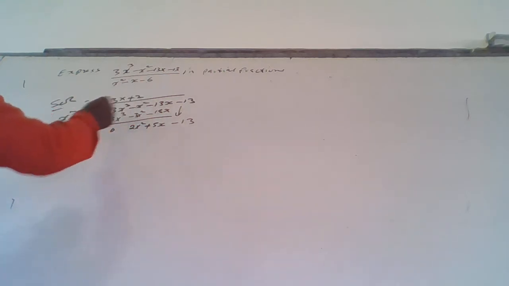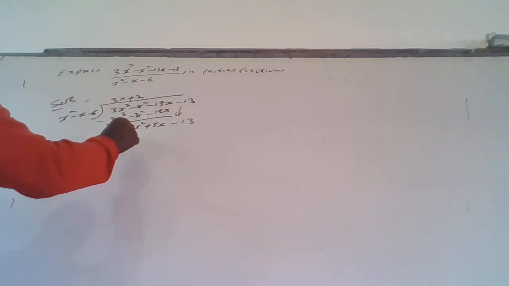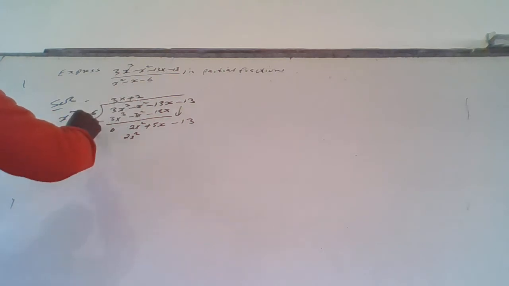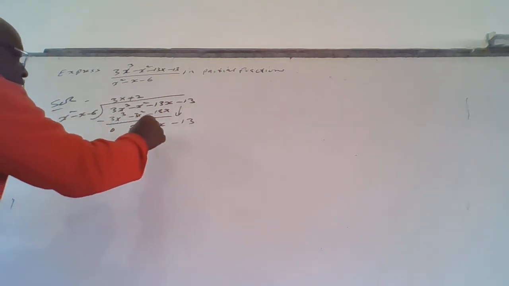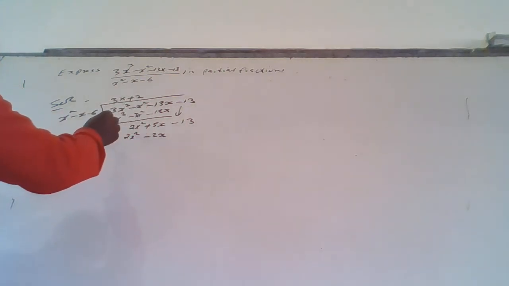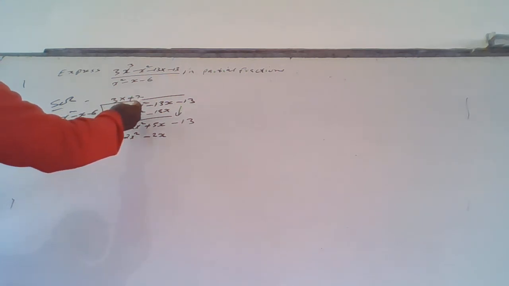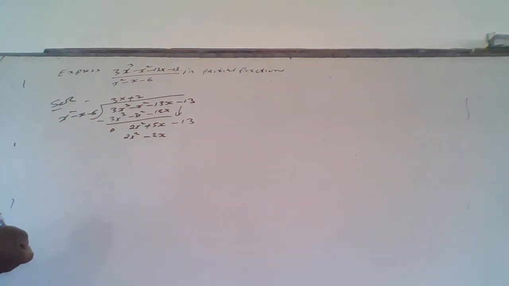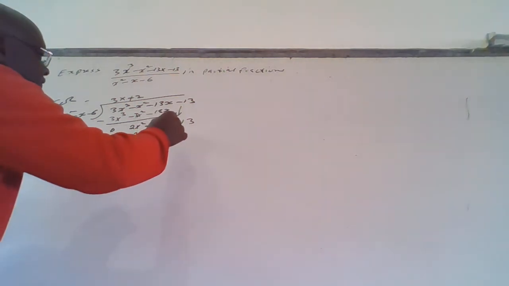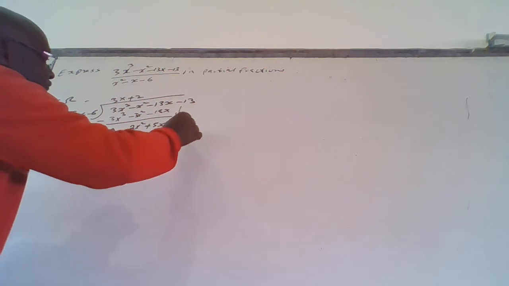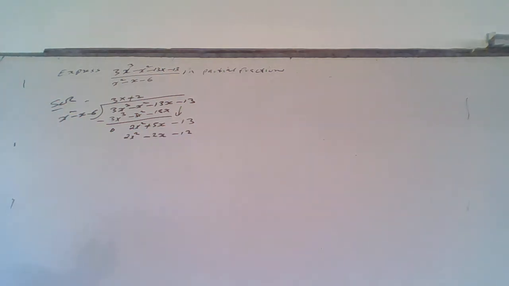So 2 times x squared, you get 2x squared. 2 times negative x, you get minus 2x. 2 times negative 6, we get negative 12.